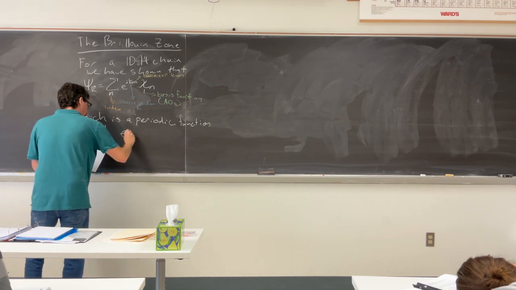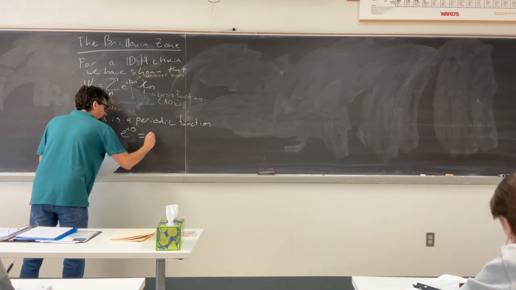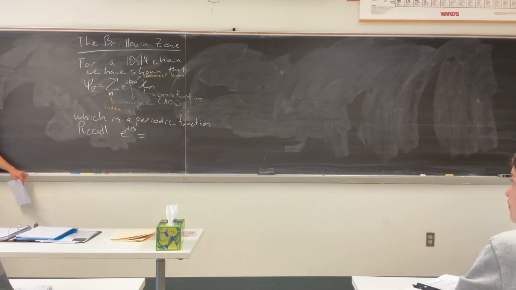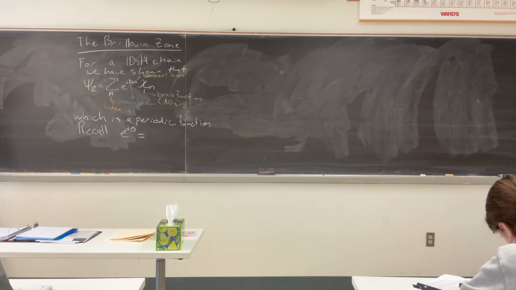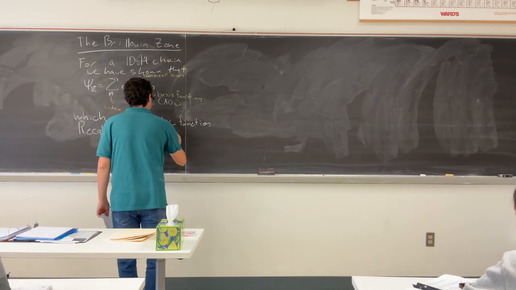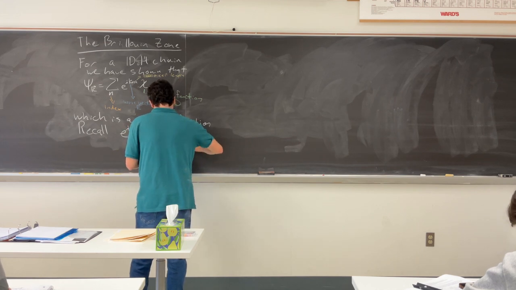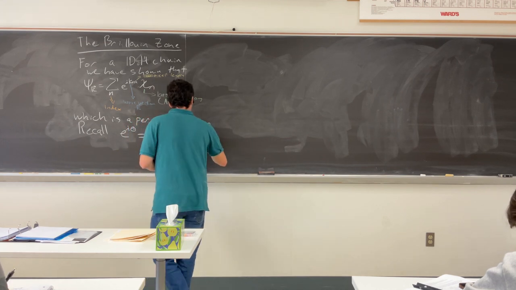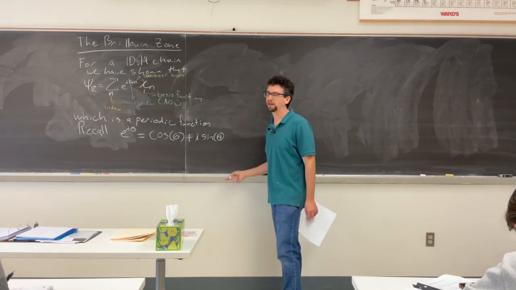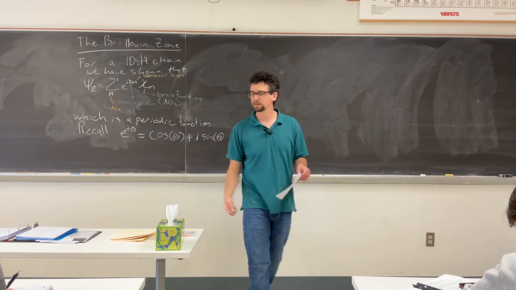Recall, we've seen Euler's formula. What is e^(iθ) equal to? cos θ plus i sin θ, and we can represent any wave this way. We tend to use e to the whatever because it's just more condensed.